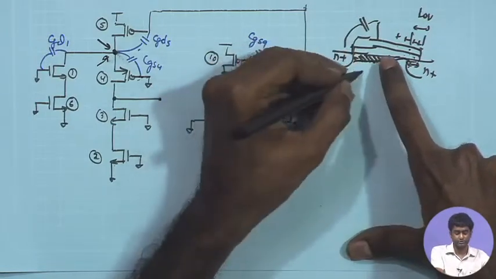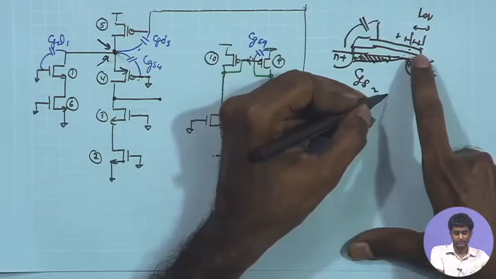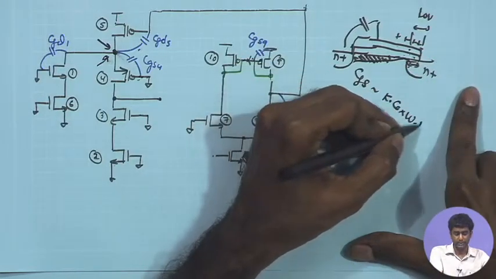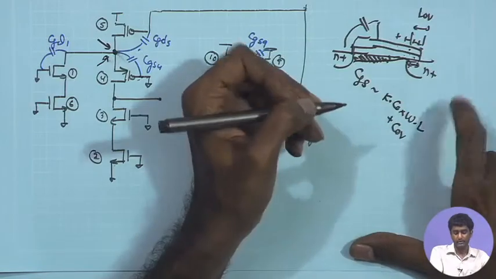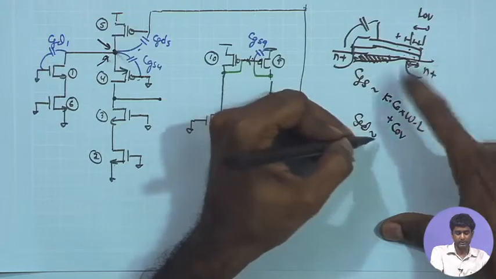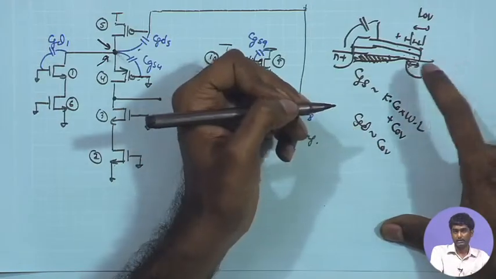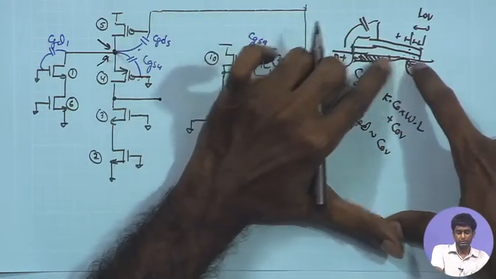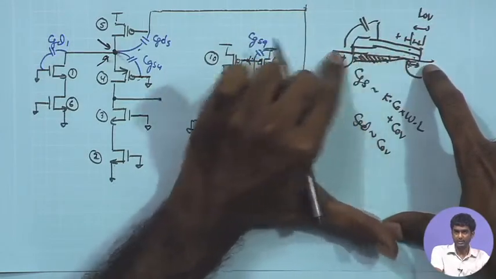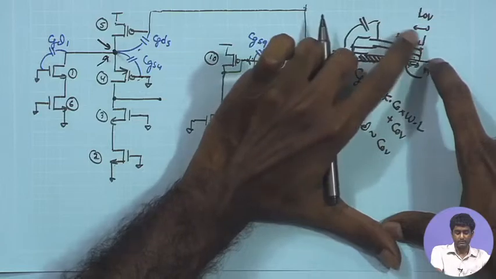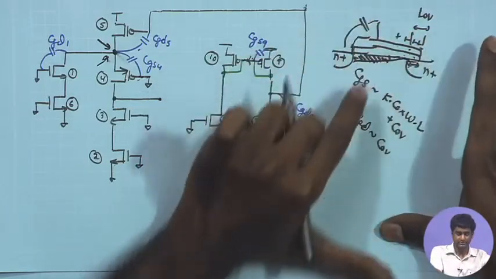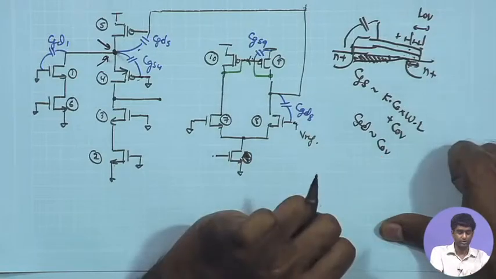Therefore, in saturation region CGS is some constant factor smaller than 1 times COX times W times L plus C overlap, whereas the CGD is approximately equal to C overlap only, because on the CGD side you do not have much control of the gate to drain potential on the channel charge. So, the effective capacitance for the gate to drain junction arises because of the C overlap in the saturation region.